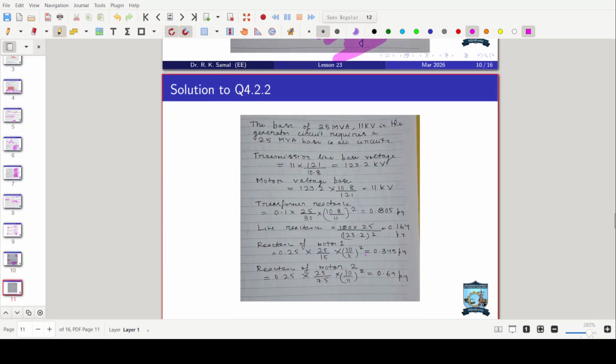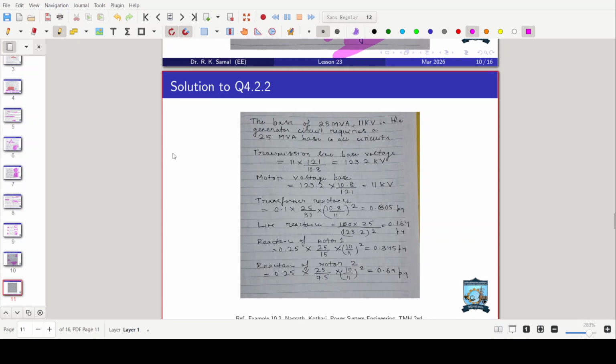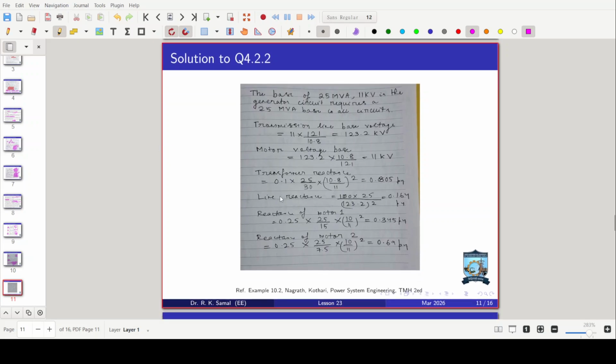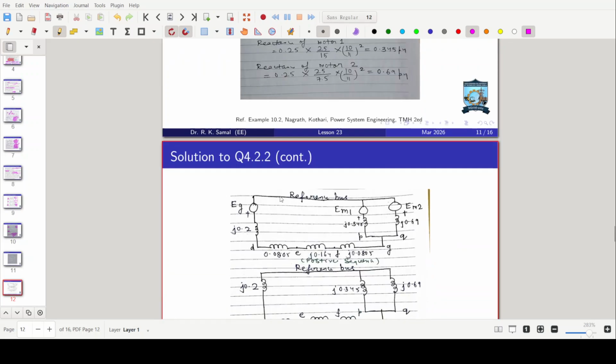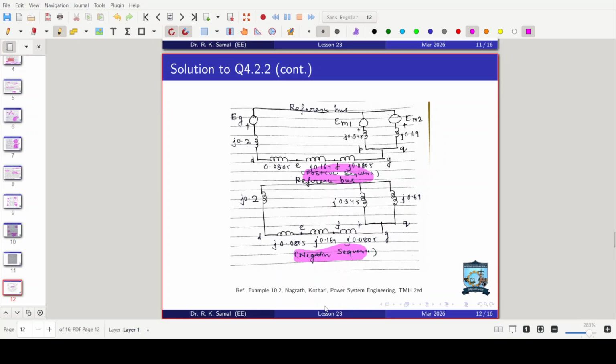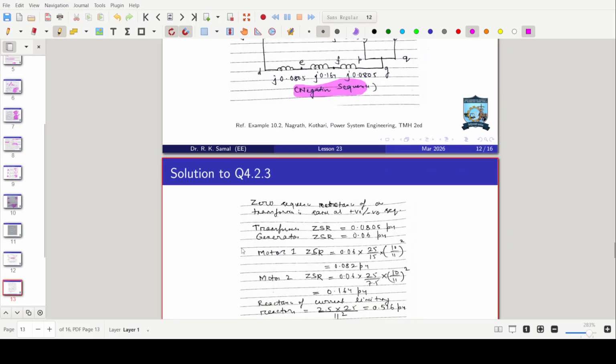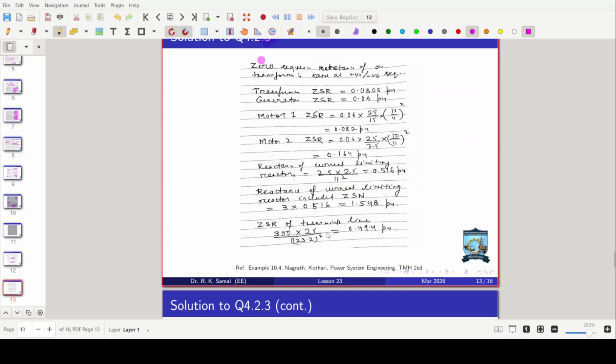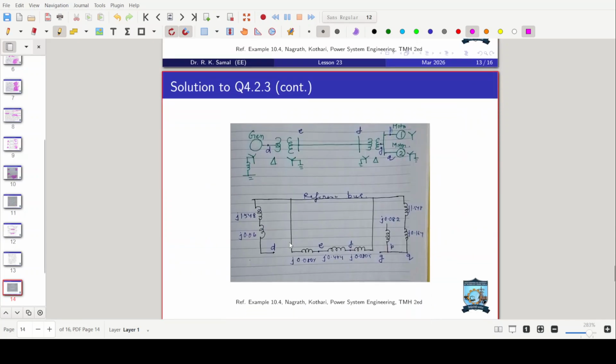Now this is one problem, question number 4.2.2, that you have to solve at home. For this question we have developed the positive sequence network and negative sequence network. I have given the reference of the book also. Similarly, question number 3, we have developed the zero sequence network.